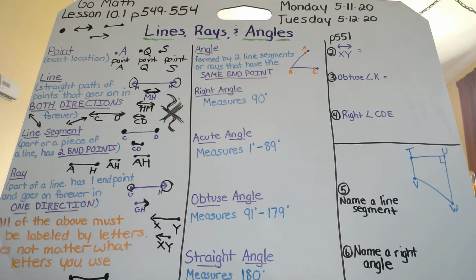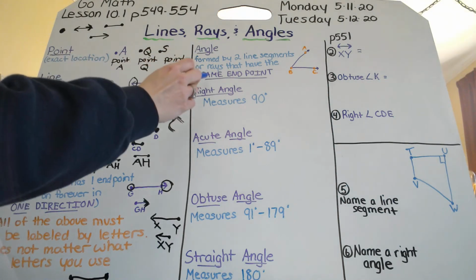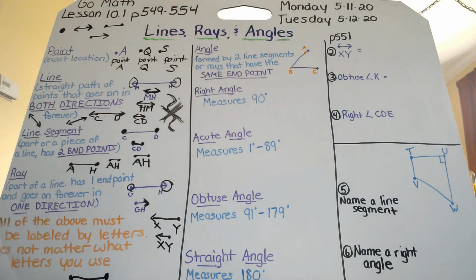Okay. So now we're going to be talking about angles. All right. So an angle is formed by two line segments or rays that have the same endpoint. Okay, and I'm sure a lot of you have seen what an angle looks like.